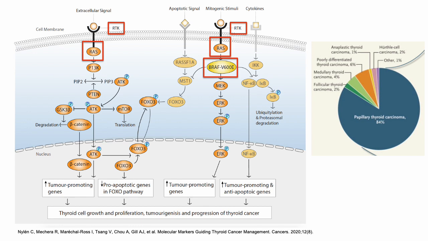In thyroid cancer, there are a number of other mutations that can occur, usually with more aggressive disease, so poorly differentiated or anaplastic thyroid cancers. Classically, that would be TP53 mutations, mutations in the TERT promoter gene, and also PI3 kinase mutations.